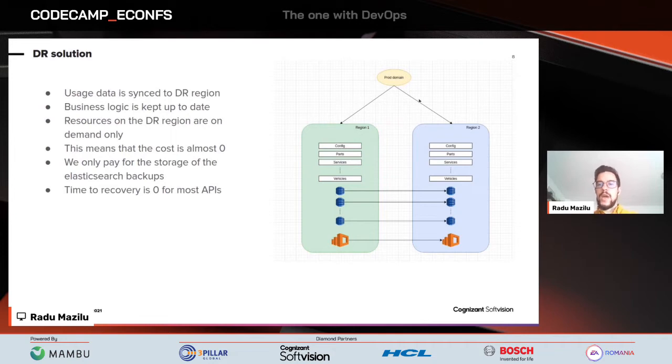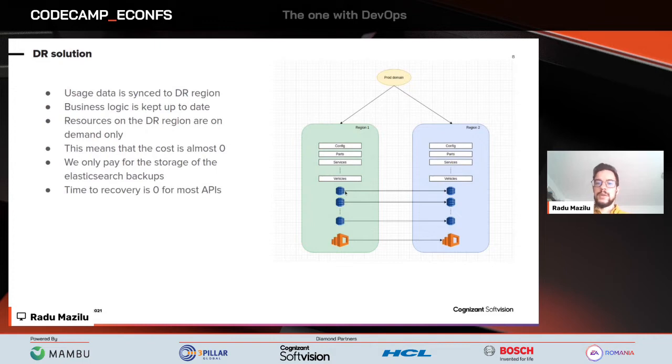So the point was to have the main region that has all these components. These are Lambdas, okay, with various services, config services, parts services, vehicles, different names that make sense to our team. All right, you have DynamoDB here and the Elasticsearch cluster. And the point here is that we have the Lambdas deployed to the second region as well.